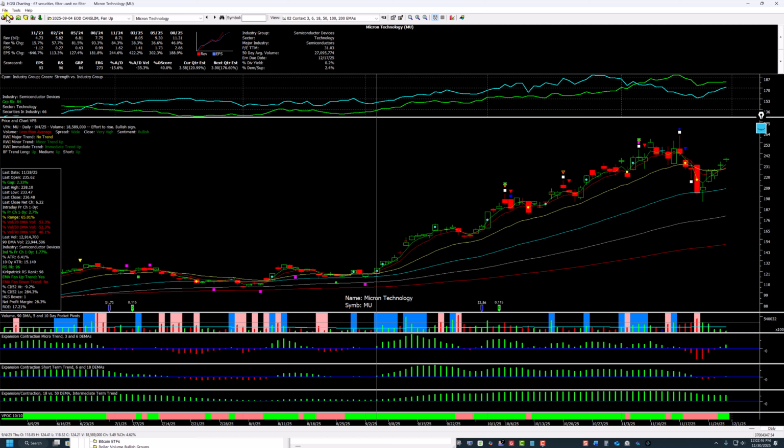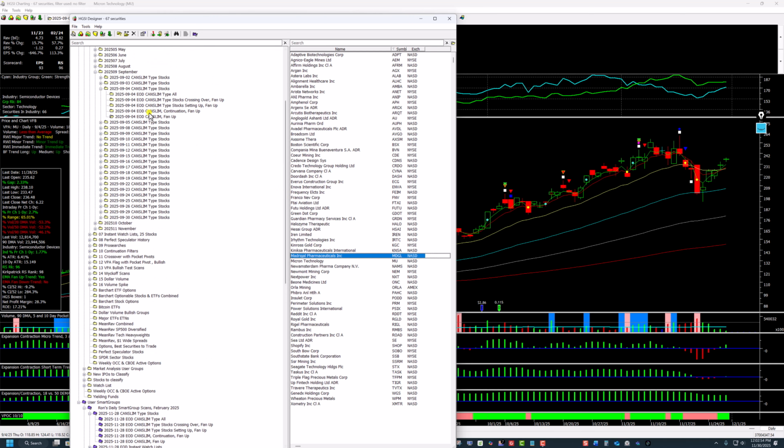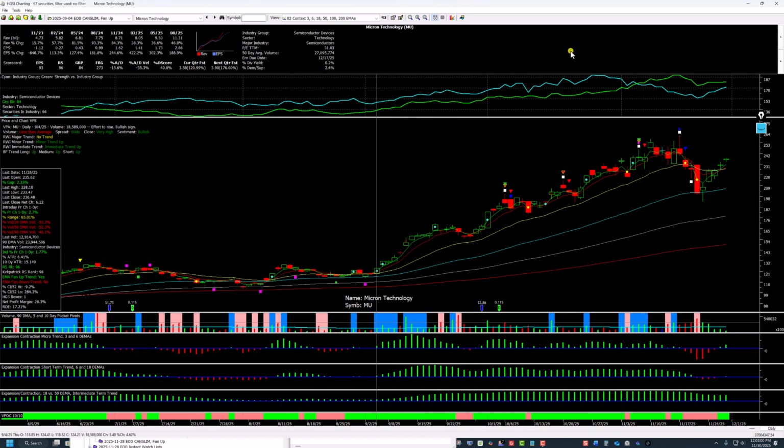Go back to that again. There it is. This is why I keep a history for a year, so I can go back and see if they were showing up or not. Not only did it appear right here with the fan, you can see that there was pocket pivot volume also.